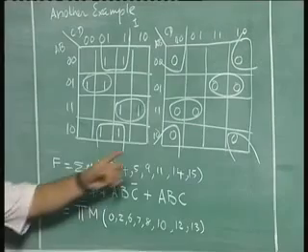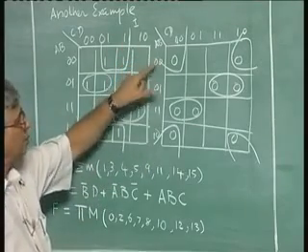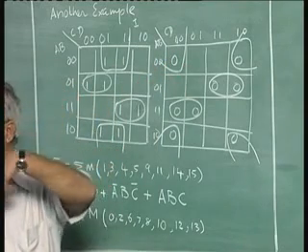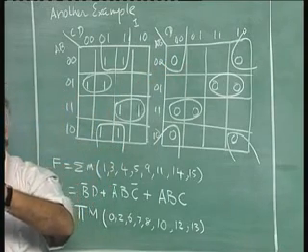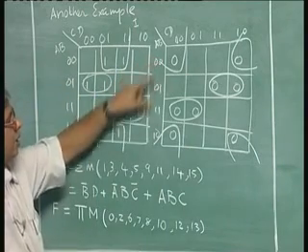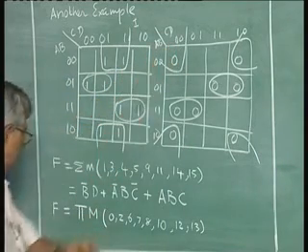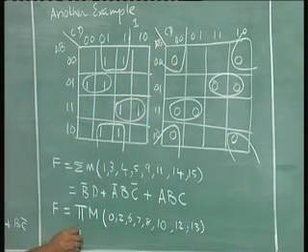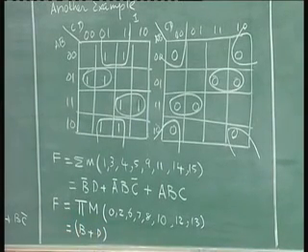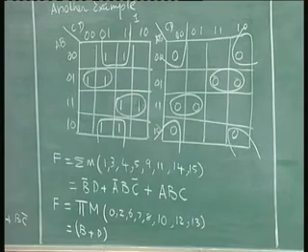So these 4 ones would be B bar, D bar, if you want to write it as a sum of product. Since I want to write the product of sum, this will be B or D. Is that right? Is there anyone who doesn't understand what I am saying?